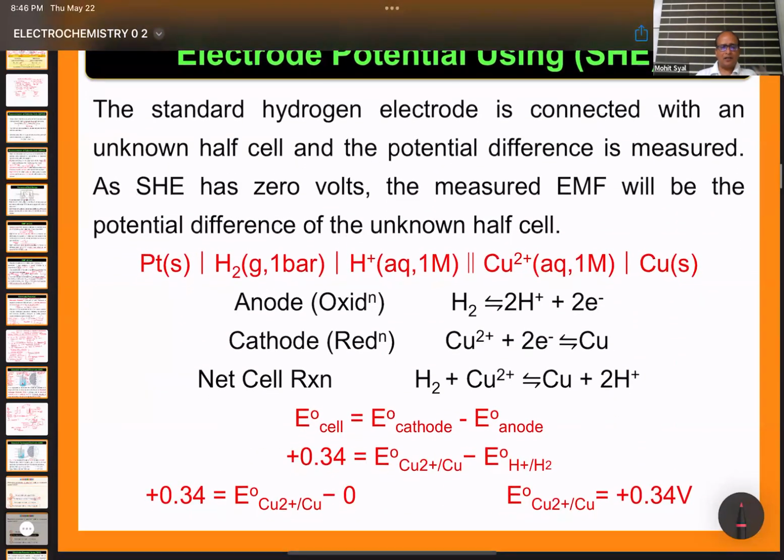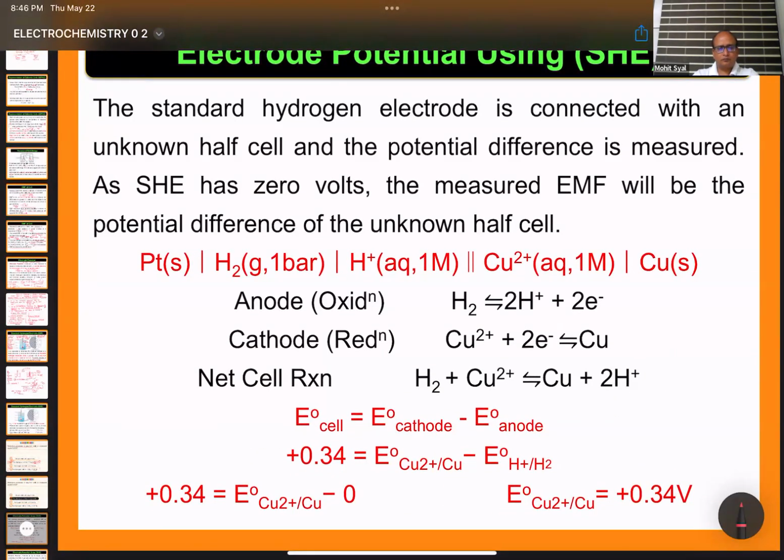This is again the explanation how to use the standard hydrogen electrode to get the electrode potential. Jasleen, you also gave the right answer. Very good. So connect it.